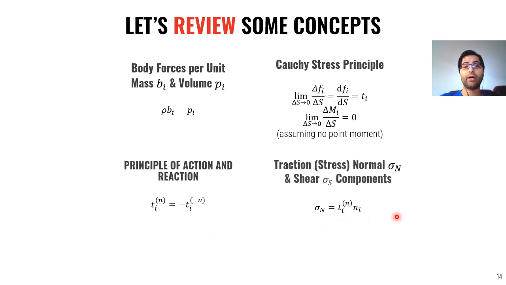Finally, we talked about traction, normal, and shear components, and found that the normal component is basically the traction inner product with the normal vector, and we can find the shear component from trigonometric relations.